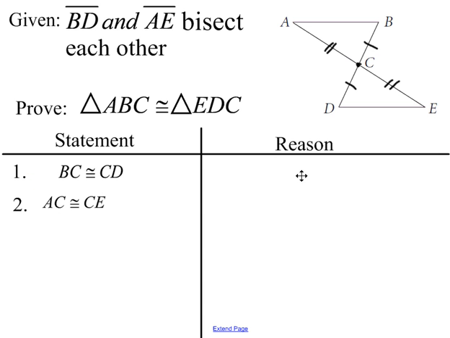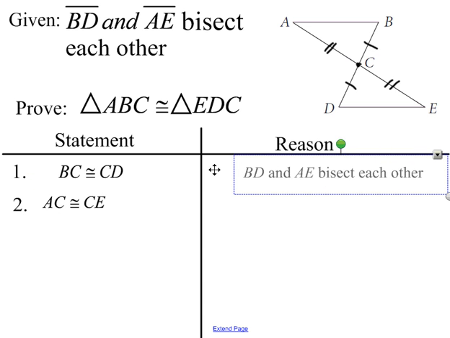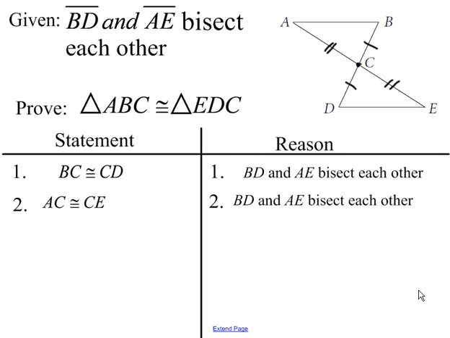And what's the reason? Well, we were told that BD and AE bisect each other, so we're going to write that as our reason. That's why we could say that these respective segments are congruent to each other.